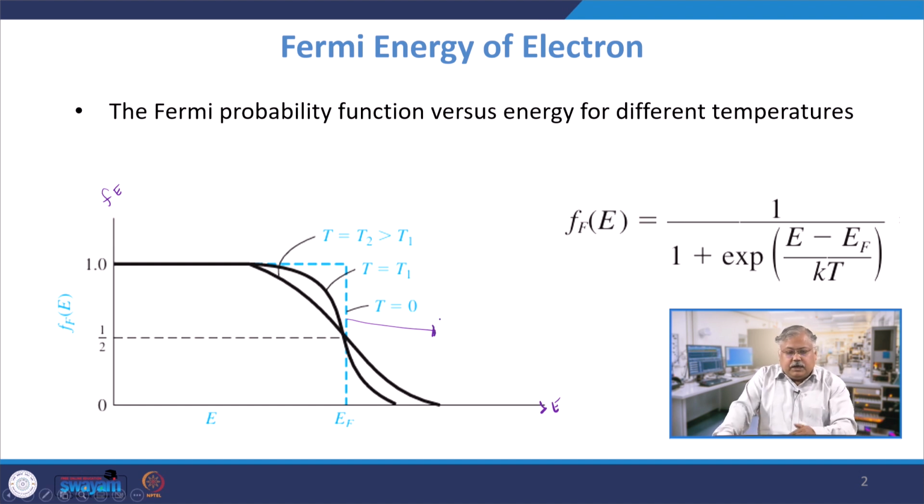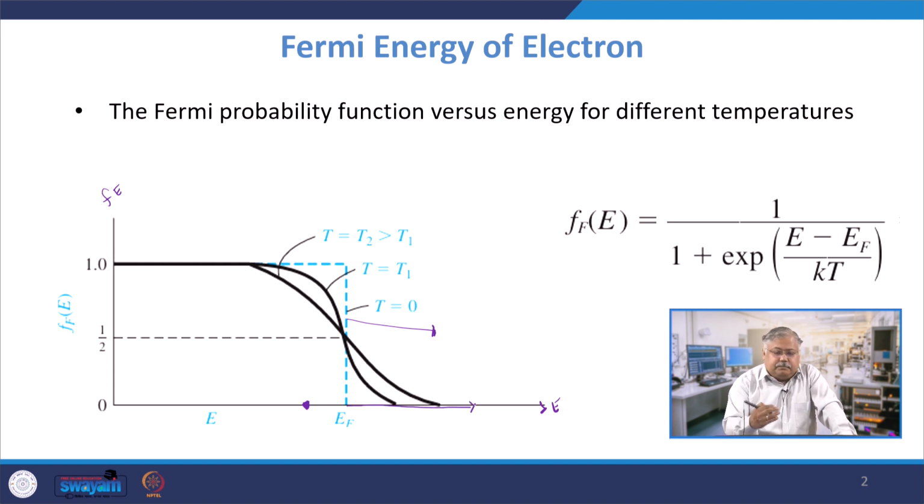If you look at the dotted curve, it makes it clear that energy below the Fermi level, or low values of energy below the Fermi level, will always have probability of finding an electron equal to 1, and therefore all the states are filled up. Whereas if you look at the energy beyond EF, or larger than EF, the probability of finding an electron there is 0, and therefore it is a flat curve which you see here.